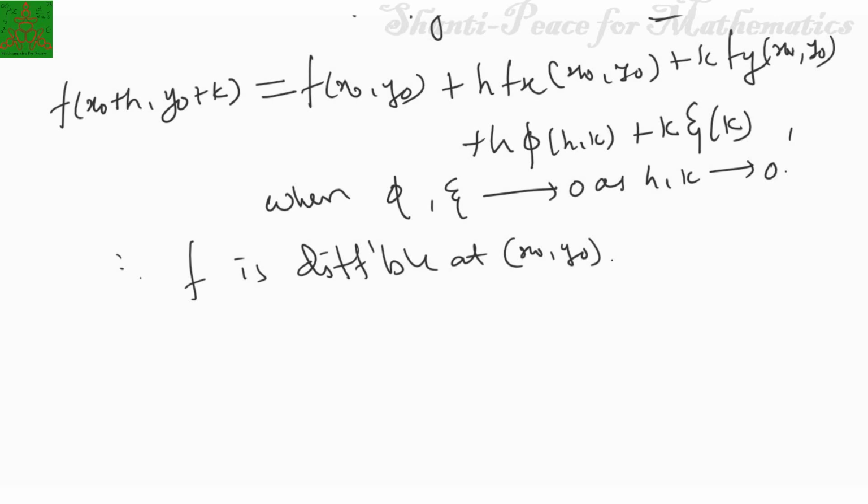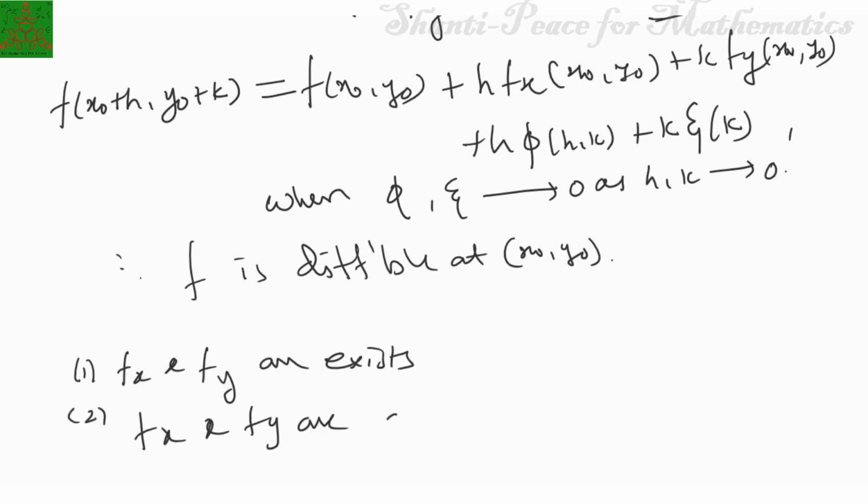So with that note, we will say that the converse of this result is not true. The statement we have here is: if fx and fy exist and are continuous, then f is differentiable.